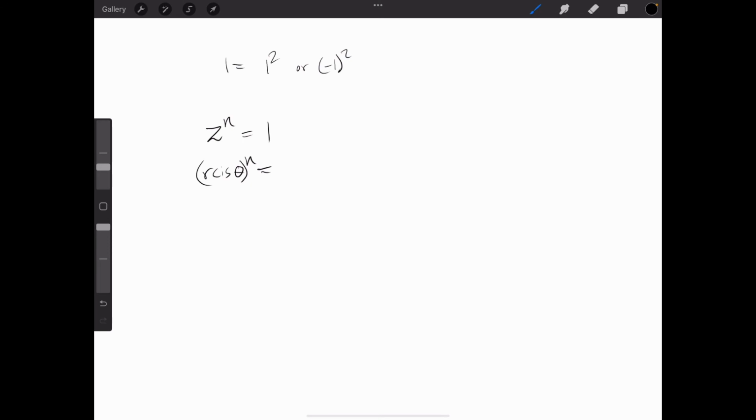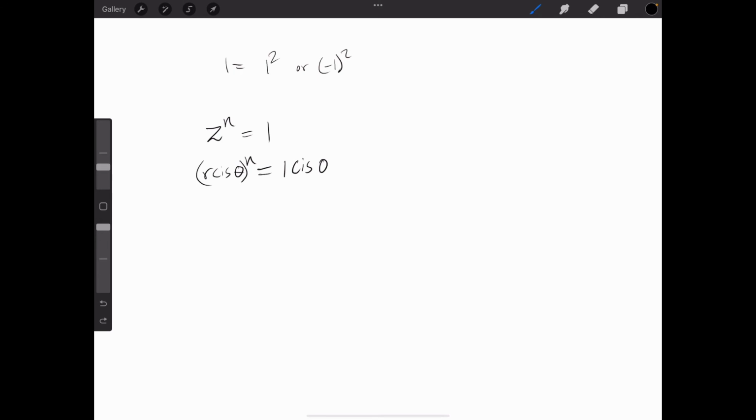It is equal to, and let's rewrite 1 as a complex number as well, like we did earlier. So it's 1 cis 0, basically.